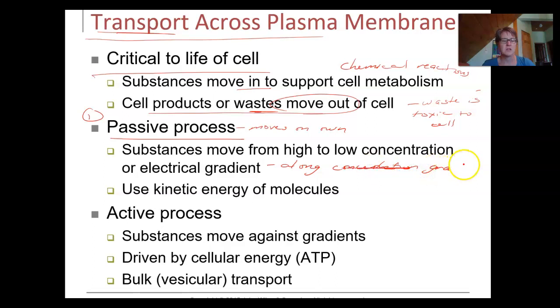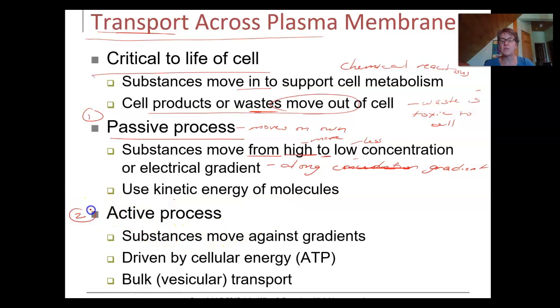It moves from where there's more, high concentration, to where there's less. So it moves from more to less of a chemical or electrical concentration. We'll talk about that in a second.